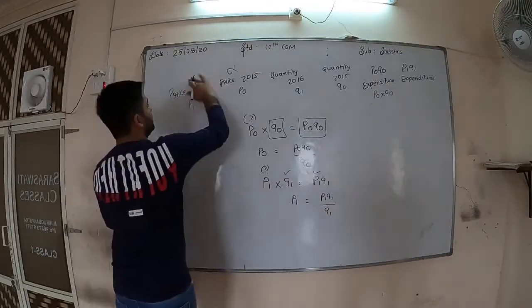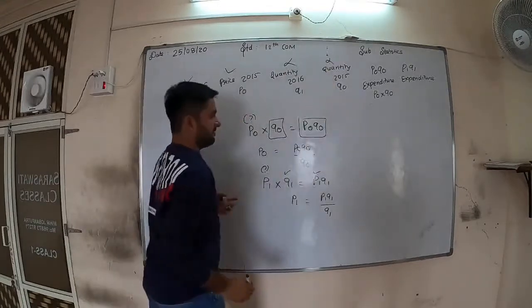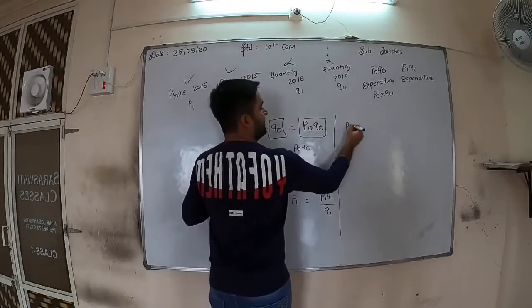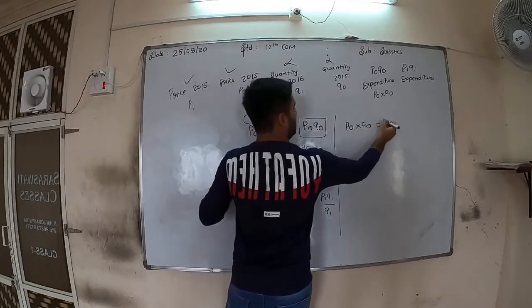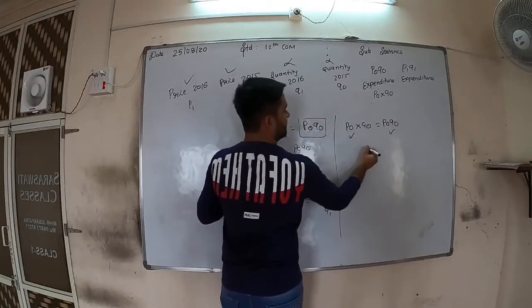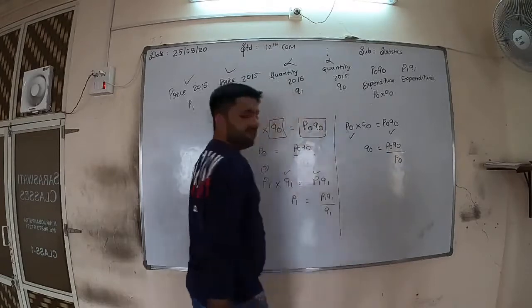And opposite to it, if prices are given and quantities are not given, the thing will be the same, friends. P0 into Q0 is equal to P0 Q0. Now this is given, so Q0 is equal to P0 Q0 divided by P0.